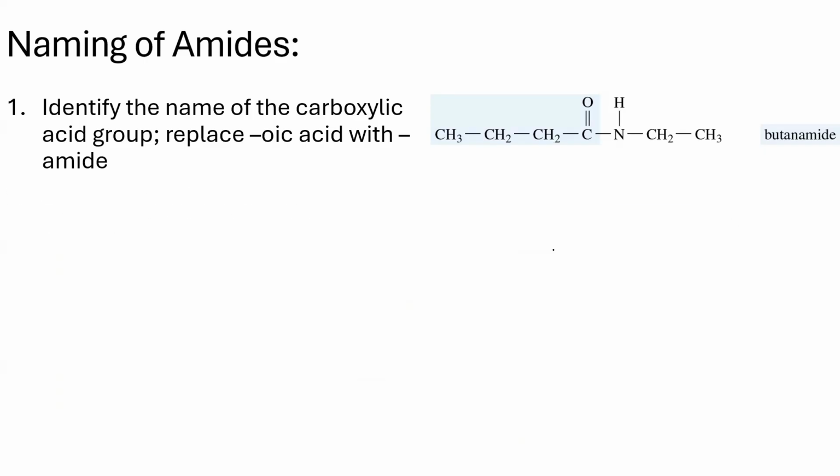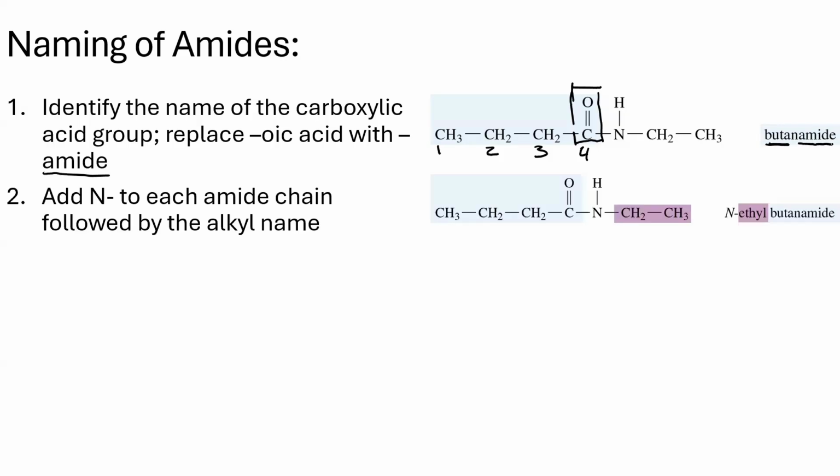So in this case, the carboxylic acid is the one with the carbonyl carbon, the C double bond O, and we have one, two, three, sorry, four carbons. That's what affords us the but- prefix, and then we add the amide suffix. So butanamide is our base name for right now.